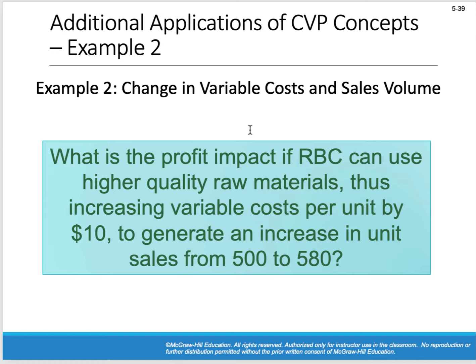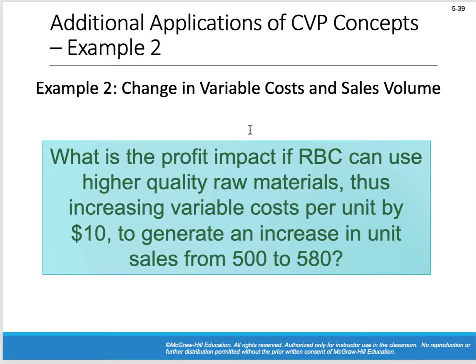So we want to know, what is the profit impact if RBC can use higher quality raw materials, thus increasing variable cost per unit by $10 to generate an increase in unit sales from 500 units to 580 units.